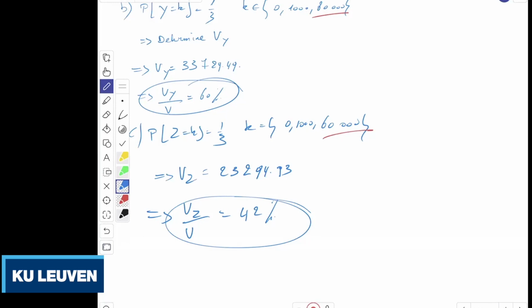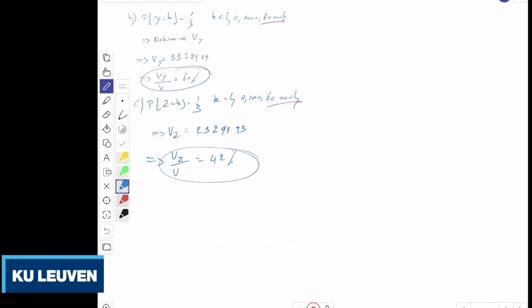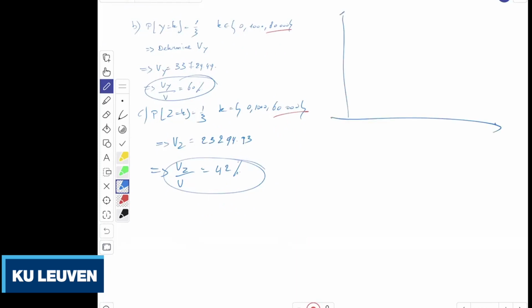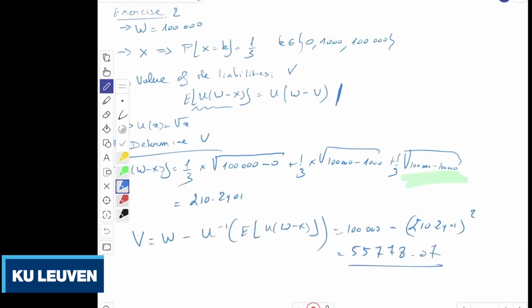it doesn't matter that you do not find the optimal solution as long as you know the direction of your improvement. And if you draw the function, where I call the maximum amount, 80,000, 60,000, let's call that M. I put M here, and on the y-axis I put V. Then you have a convex function. U is concave, but V, let me see. This is V, right? Because you have U minus 1, you get something convex.